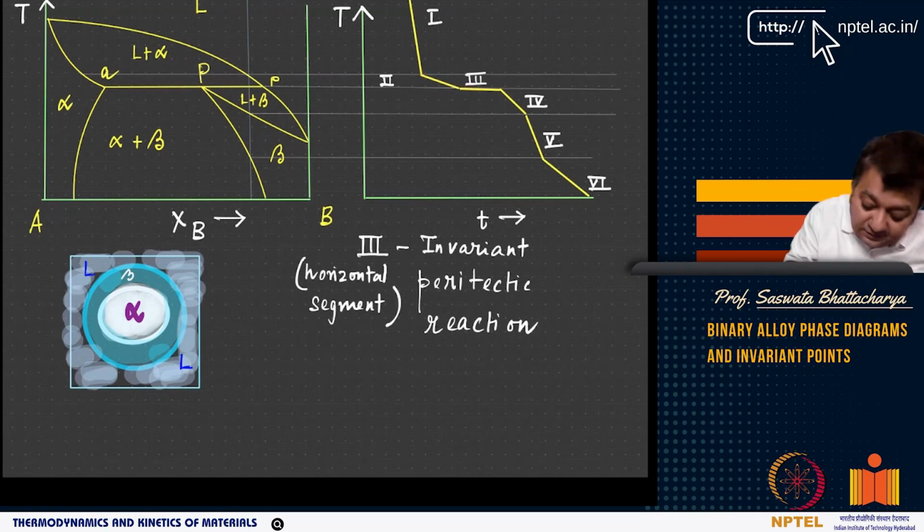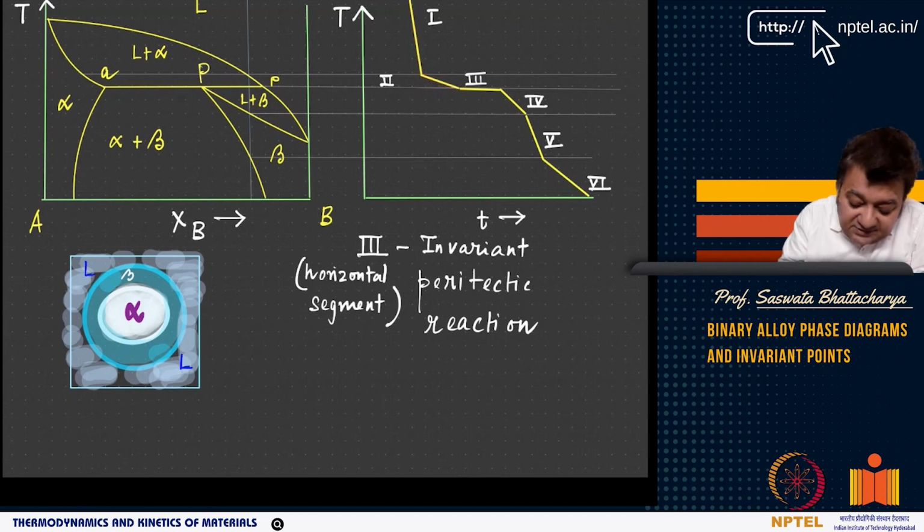As you go from this line and enter this region, which is L plus alpha, you see there is this tie line, which represents that the compositions will continuously change. So in L plus alpha, stage 2 is a sloping line, another slope. From pure liquid, the slope has changed to liquid plus alpha.